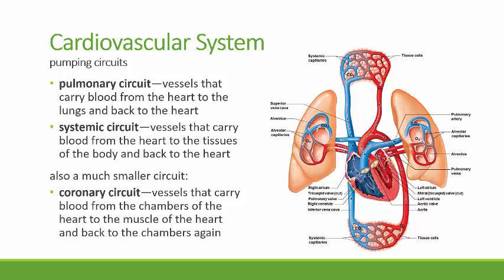So the first of them would be the pulmonary circuit. If we look here at the right side of the heart, so remember we're looking at it from the point of view of the patient. Here's the right side of the heart. Blood leaves the heart through an artery called the pulmonary trunk, and almost immediately the pulmonary trunk branches into the right and left pulmonary arteries.